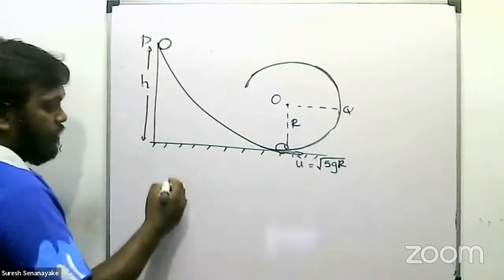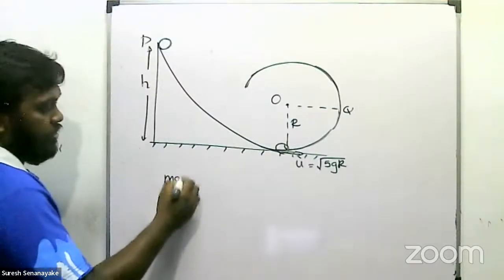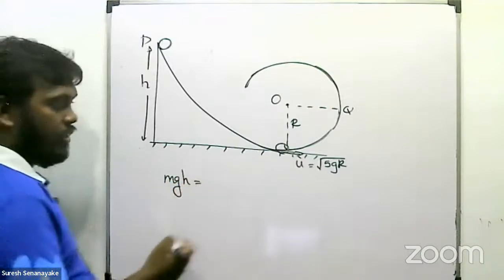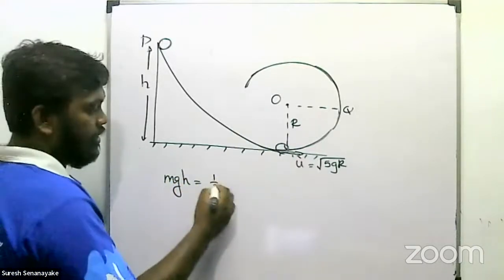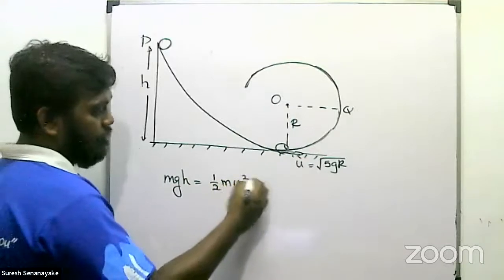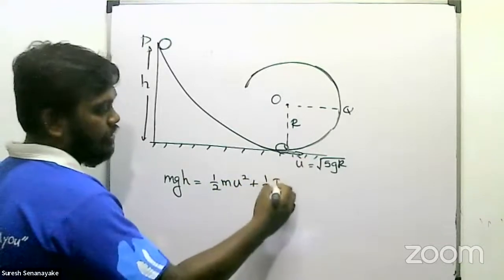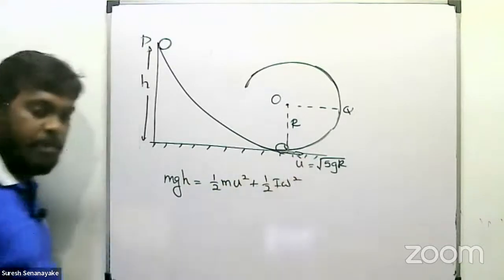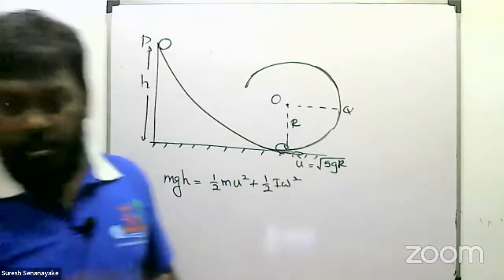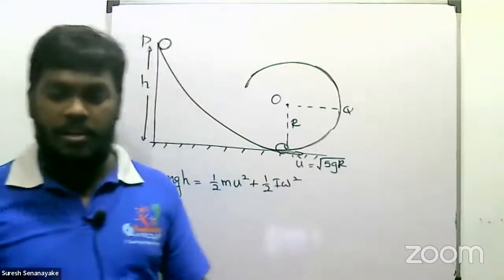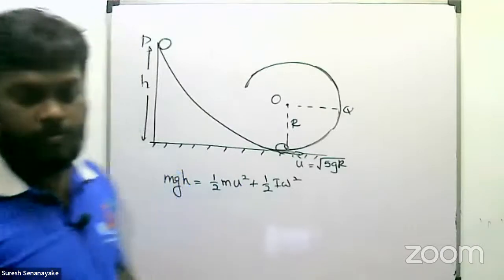Using energy conservation, mgh should equal the kinetic energy at this point: half m u square plus half I omega square. Because it is rolling, there is rotational kinetic energy also.